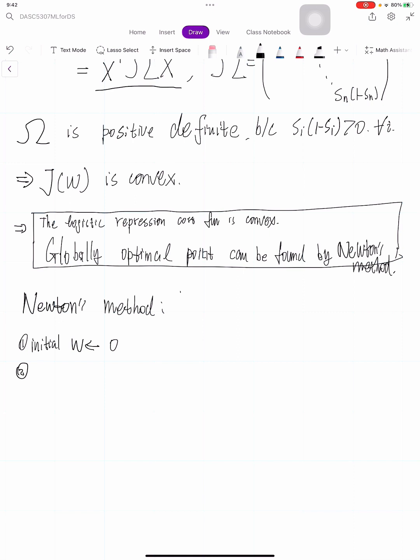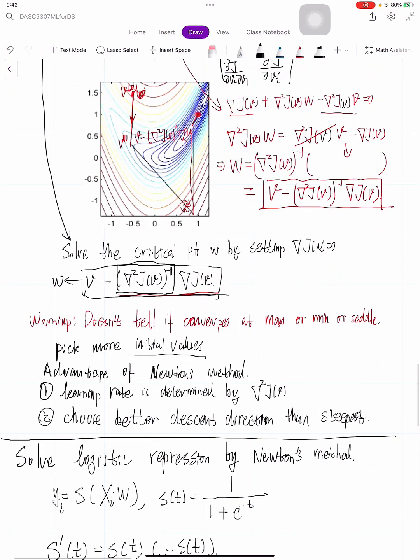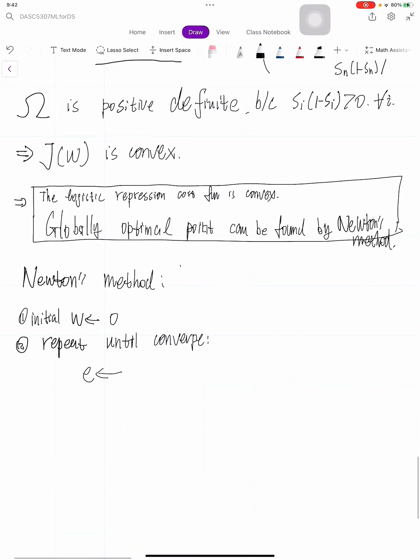Second, repeat until convergence: you solve for the gradient, and solve for the Hessian matrix. The update direction can be found by solving this linear system, X transpose Omega X times e equals X transpose (y minus s).